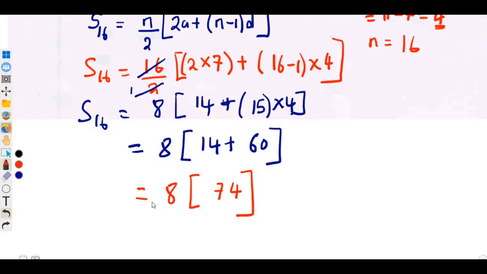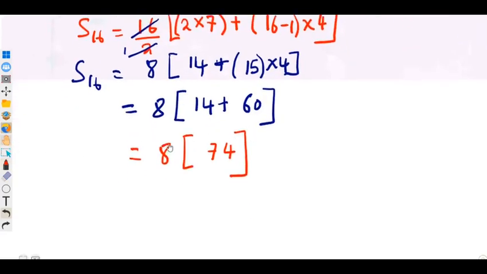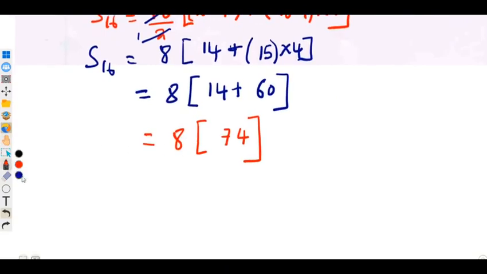So remember, this is paper 1. So there is no need for you to use a calculator. So when you multiply these two values, you know that 8 times 4 it's a 32. So you write a 2, you carry a 3, then 8 times 7, this will give you a 56.